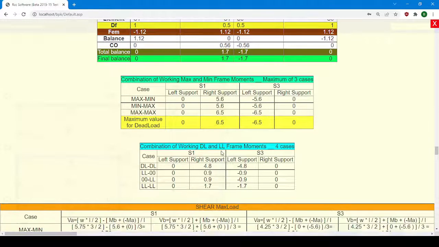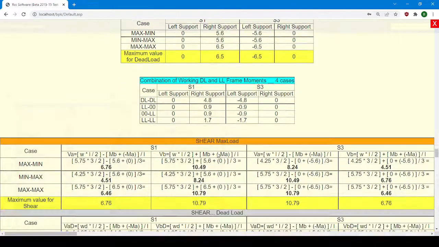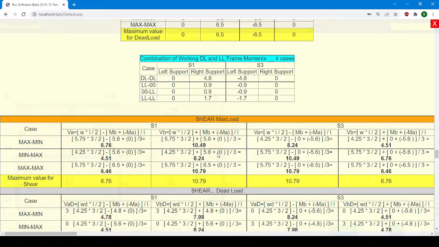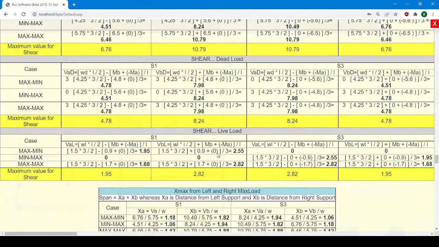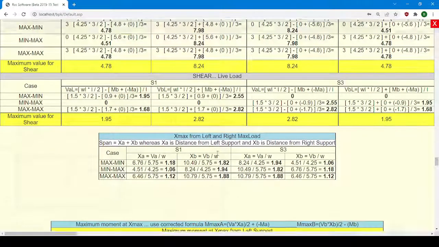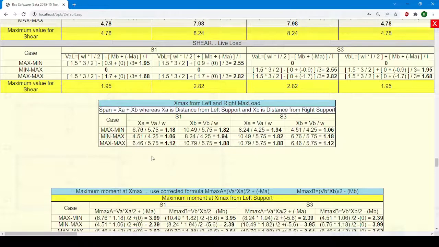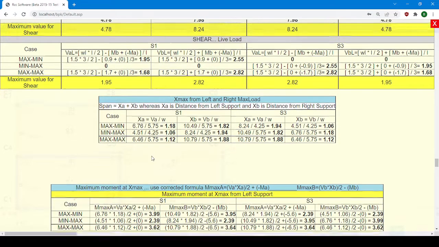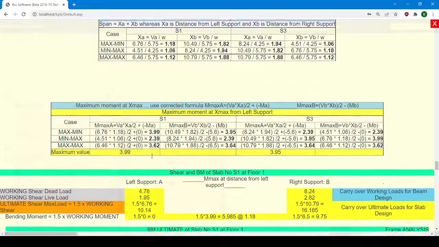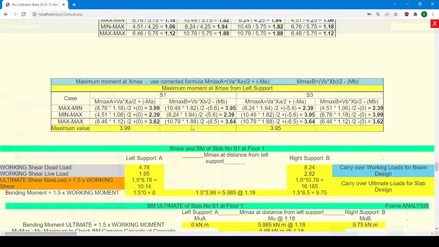Similarly for dead load and live load, we have calculated the shear. We have to find the x max from left and right for the maximum moment at that particular point. Ultimately, we got the maximum values 3.99 and 3.95.